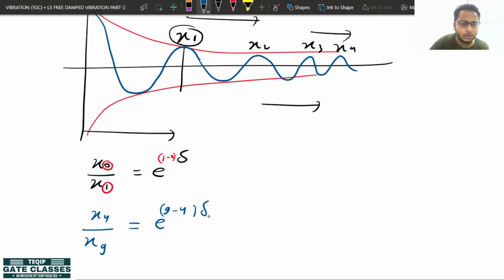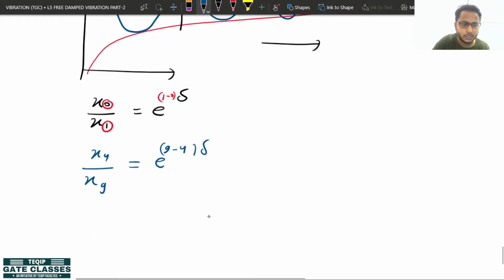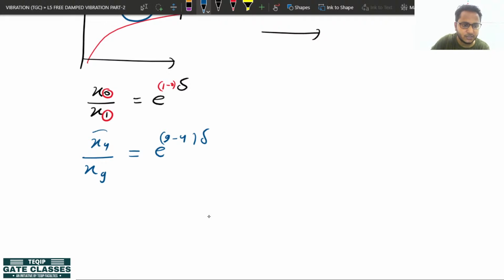If we are talking about the ratio from the fourth to the ninth, we have to understand what this x4 is named as, what this x9 is named as.